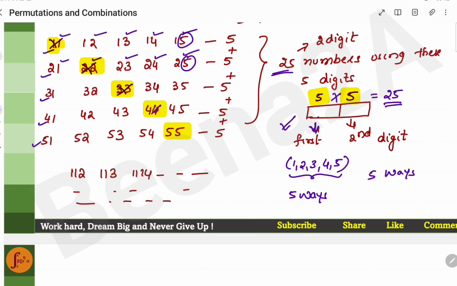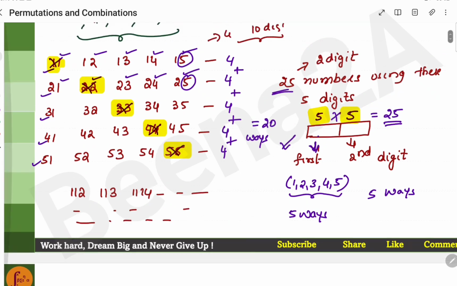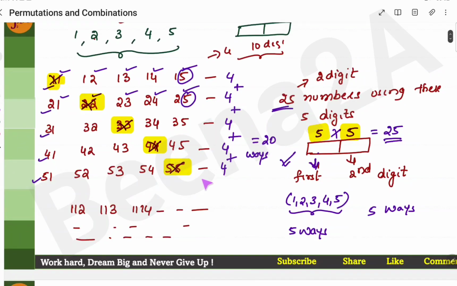I don't want these repeated numbers. So how many combinations? 1, 2, 3, 4. 4, 4, 4, 4, 4. You are removing all repeated numbers. So it will be 4 plus 4 plus 4 plus 4 plus 4, which is 20. The answer is 20 if repetition is not allowed.